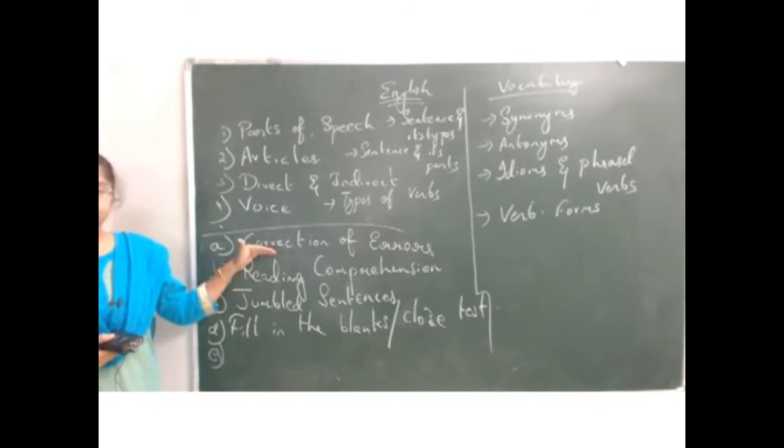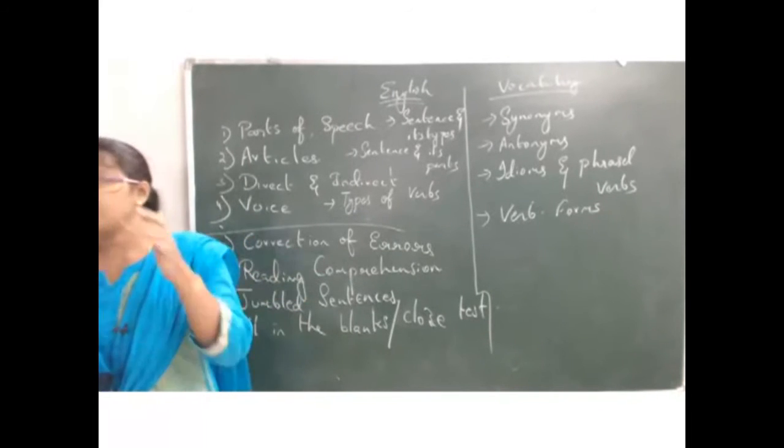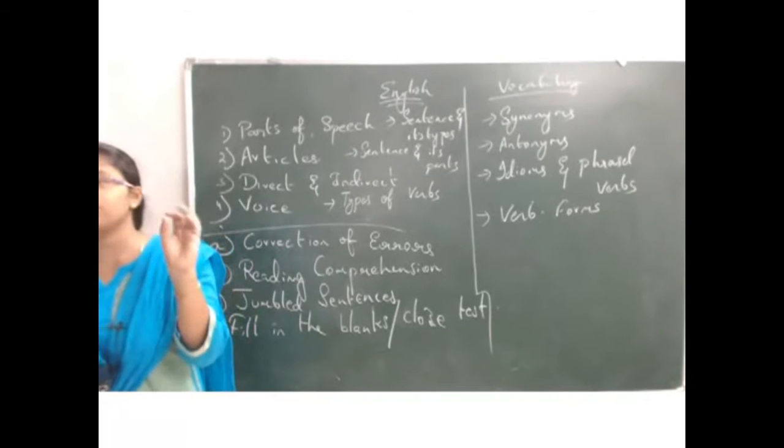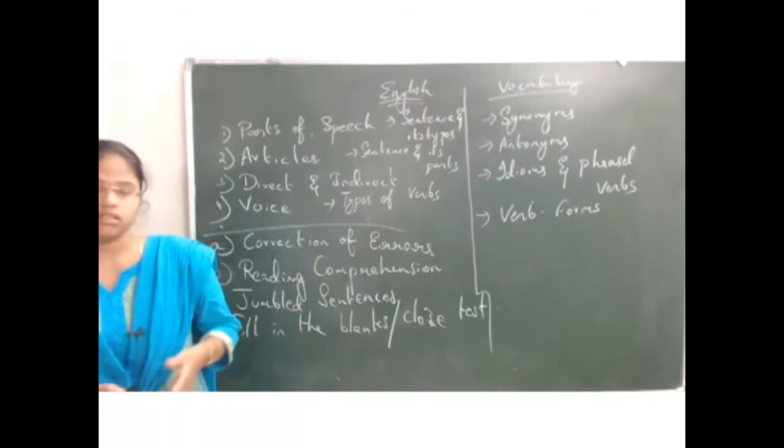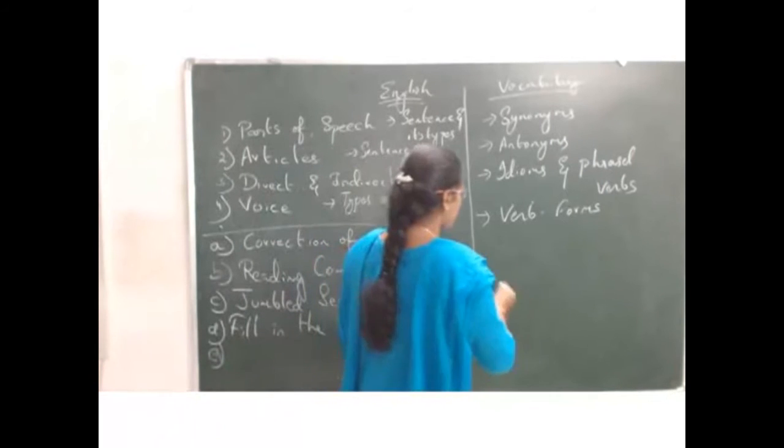First one is correction of errors. Generally they'll give you a sentence and that sentence will be divided into 5 parts.